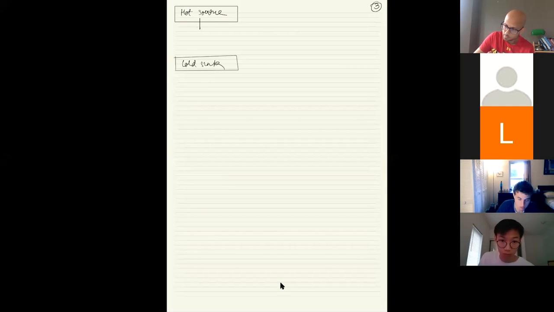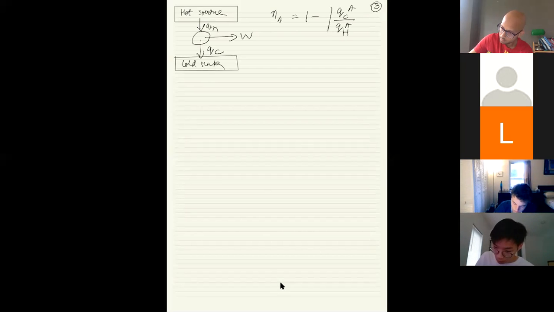And some heat is being taken out from it, which is being used to do some work. This heat is QH, and some heat is being given out to the cold sink, that is QC. So efficiency A will be given by 1 minus QCA by QHA.